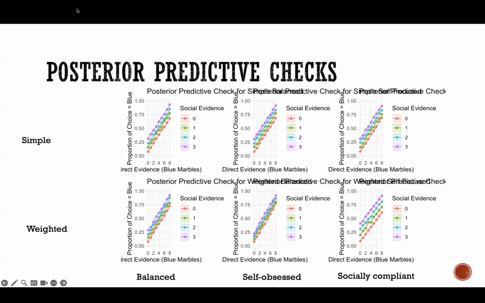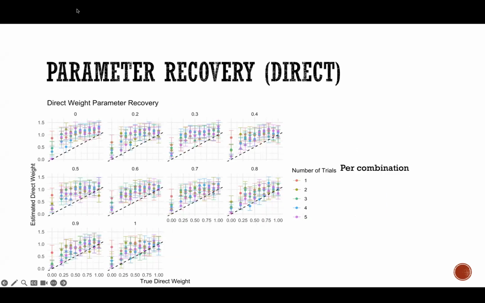So far, everything looks good, right? No warnings, good trace plots, good prior predictive checks, good posterior predictive checks. Then we look at parameter recovery. Here I skipped a step: I actually ran a bunch of different weights just to see what happens. On the x-axis is the true direct weight, and on the y-axis the estimated direct weight.